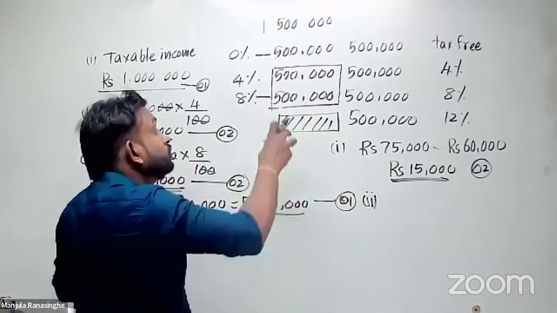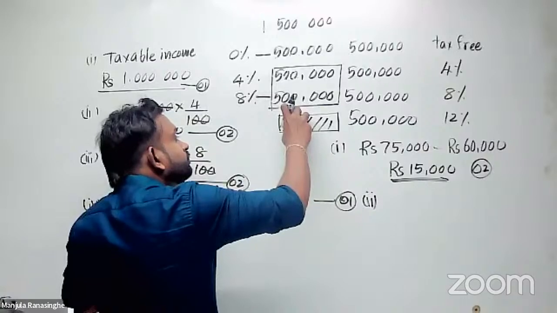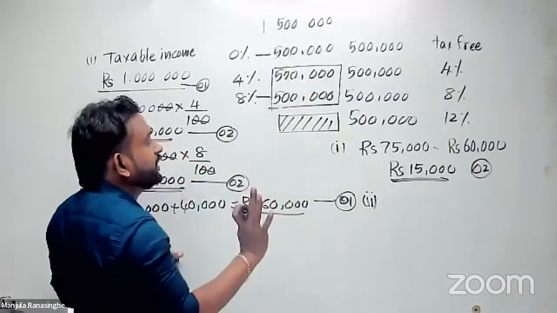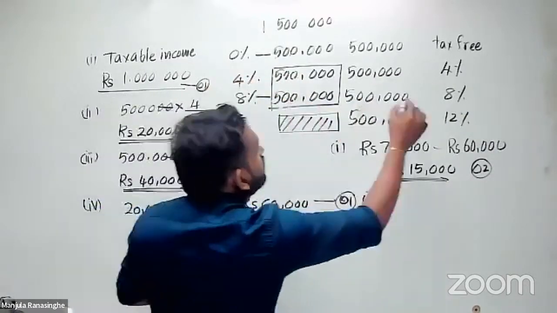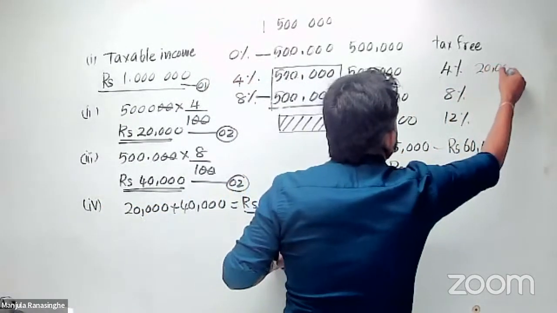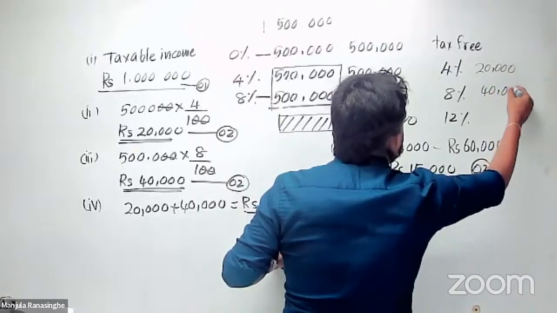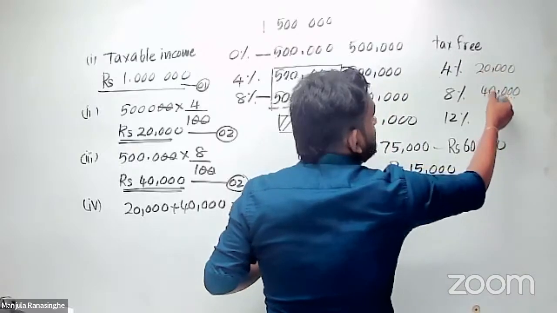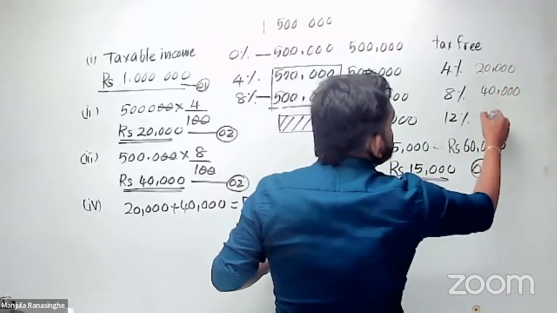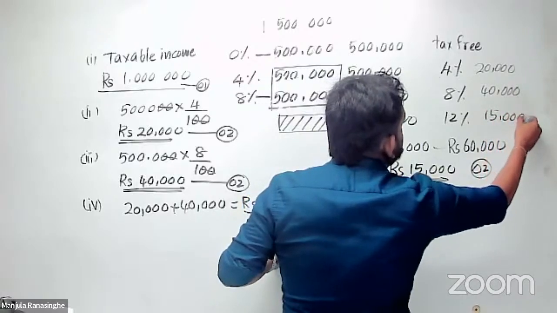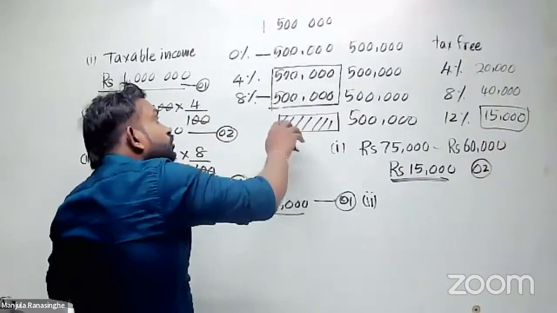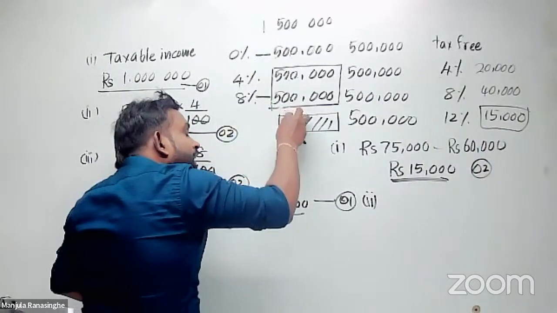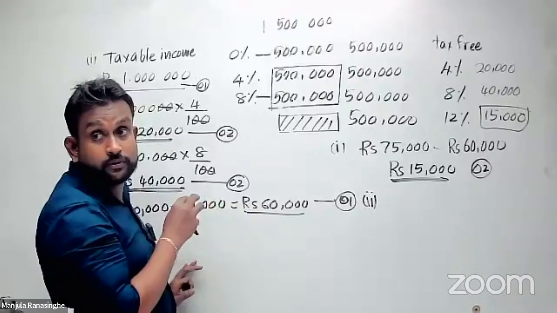We do not know that income part. For that income part, what is the tax paid? Here we found 20,000 tax for this part, here 40,000 tax. So 60,000, but 75,000 paid means here it lies 15,000 tax. So now we know the tax paid, but we do not know what taxable income comes under this region.